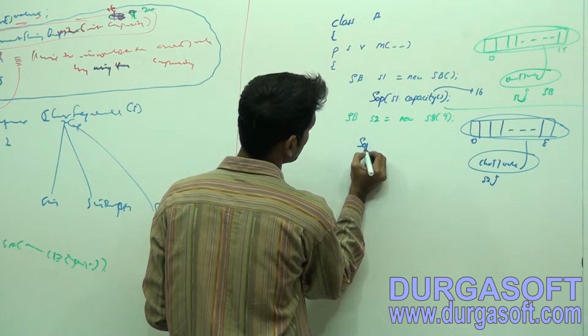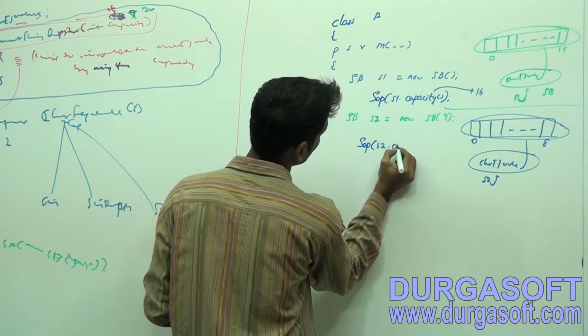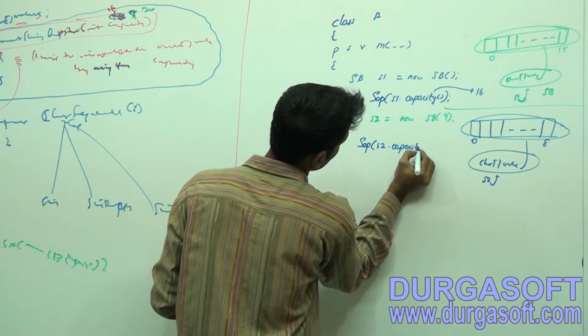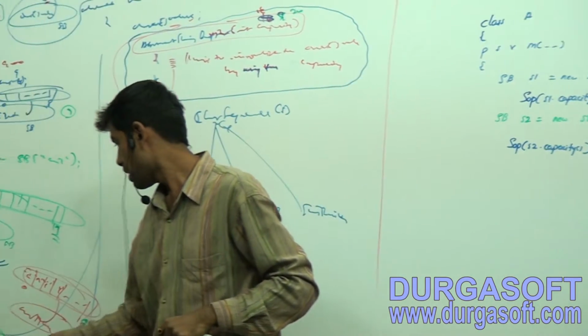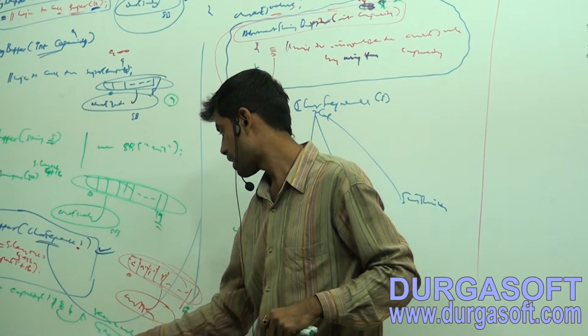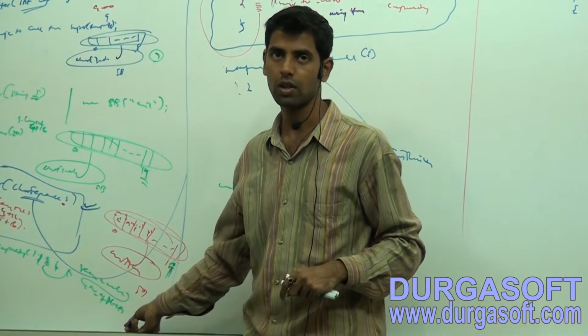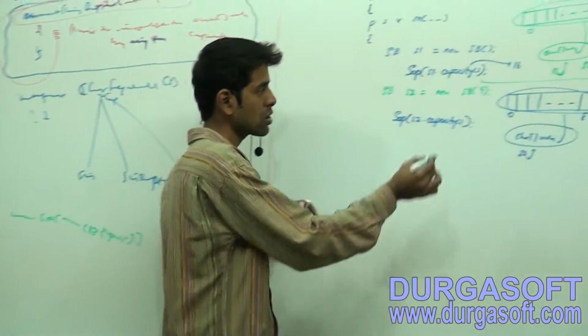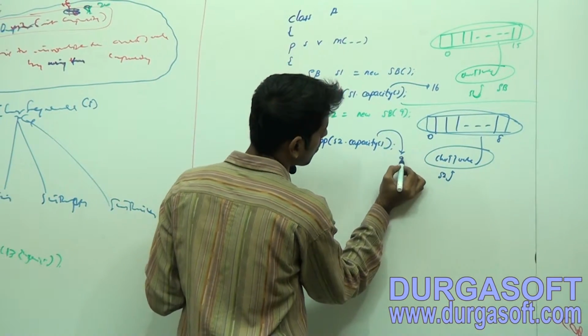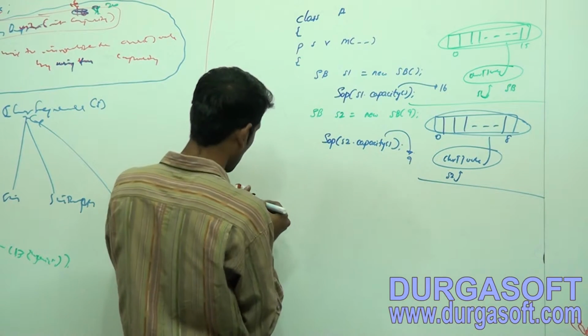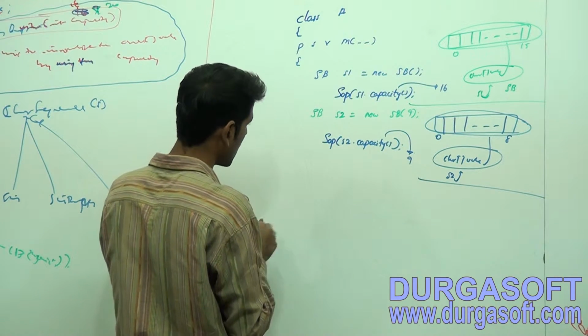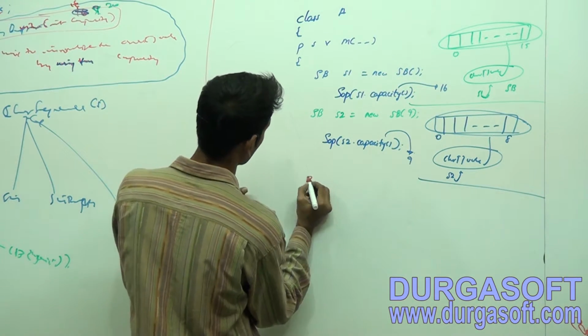Now SOP of S2.capacity. What will the capacity method return? It will return one int value representing the number of blocks. How many blocks here? 9 blocks. Now let's go for StringBuffer object creation by using another constructor.